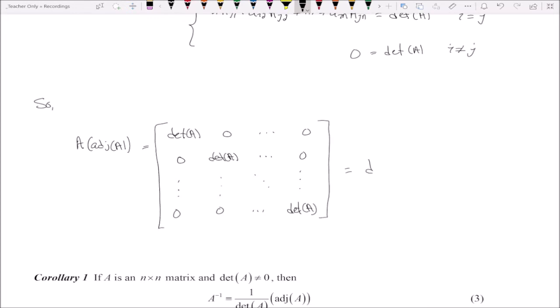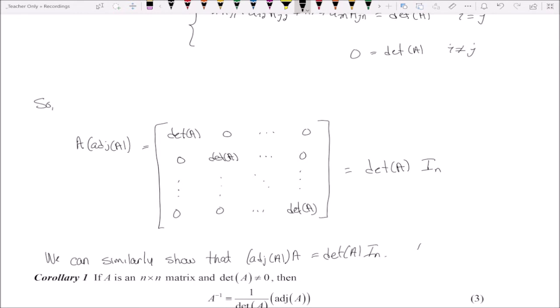Which we can then write as determinant of A times the n by n identity matrix. And similarly, we can show that adjoint of A times A also equals the determinant of A times I_n, and so our proof is complete.